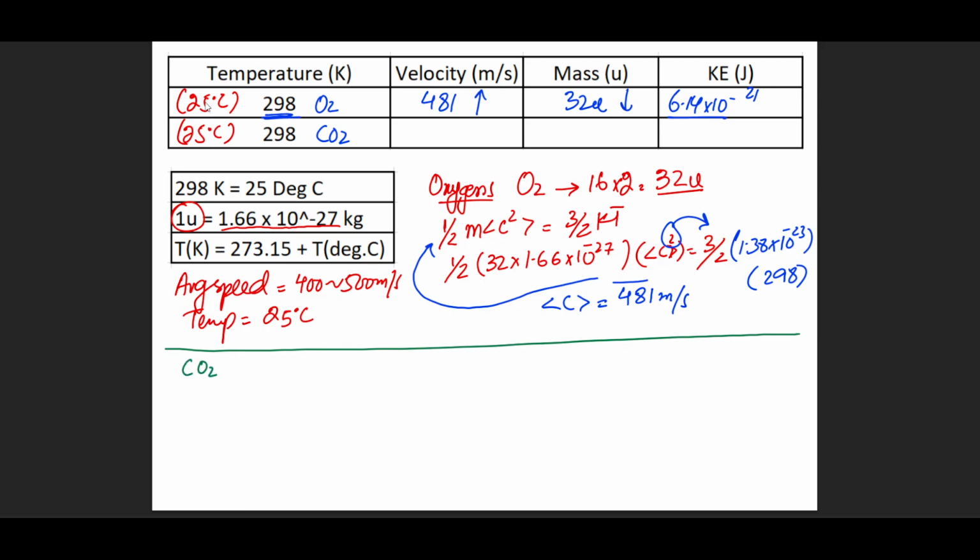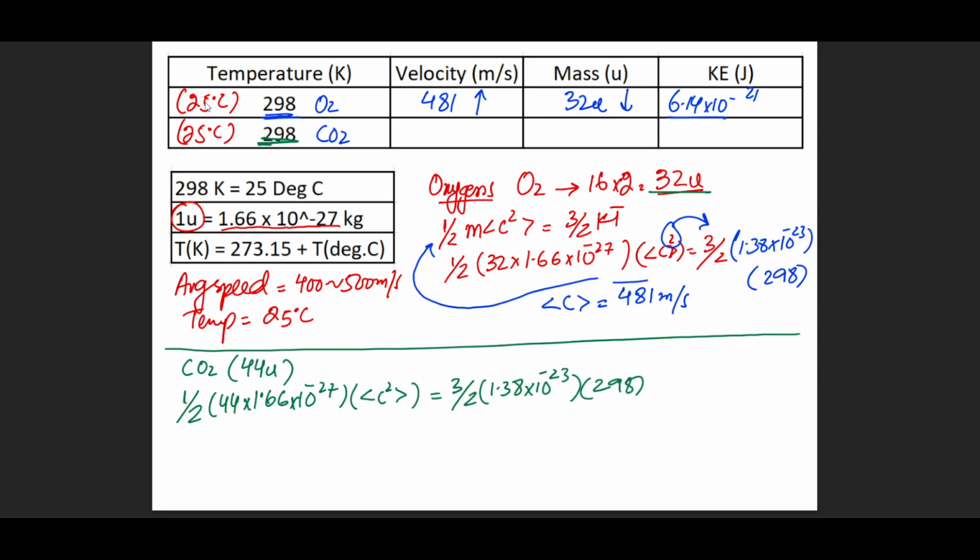So for carbon dioxide, the molecular mass is 44 U. I'm going to put in the values directly because we have already discussed what is 32 U over here. So this will be 1 over 2, 44 into 1.66 raised to power minus 27 multiplied by the root mean square speed squared equals to 3 by 2 and Boltzmann constant, which is 1.38 into 10 raised to power minus 23 into the temperature, which is 298 for this one.